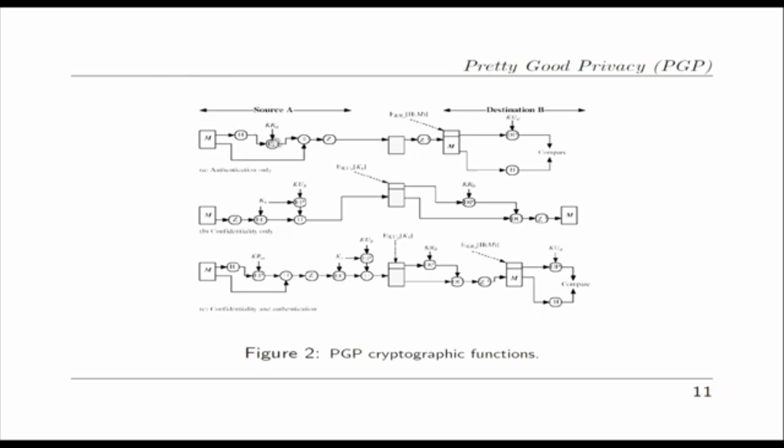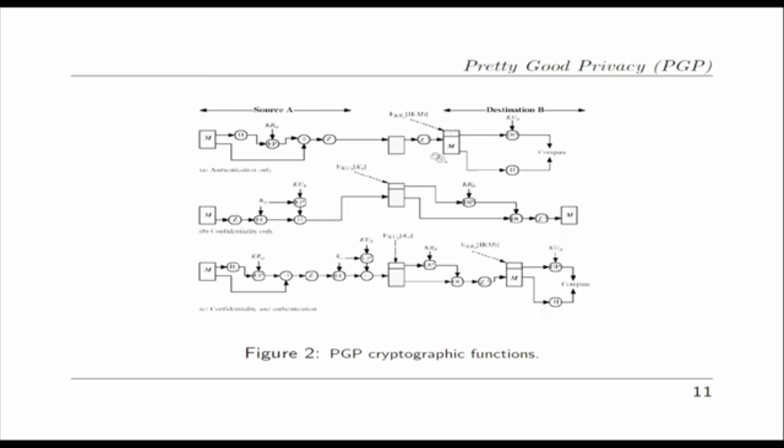So we are signing the hash code of the message using the secret key of A. KRA is the secret key of A, and KUA is the public key of A.